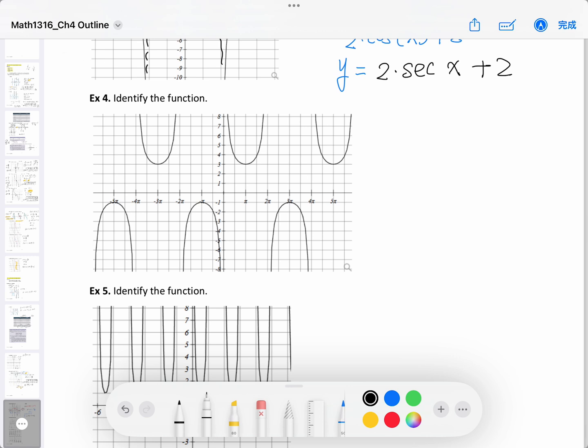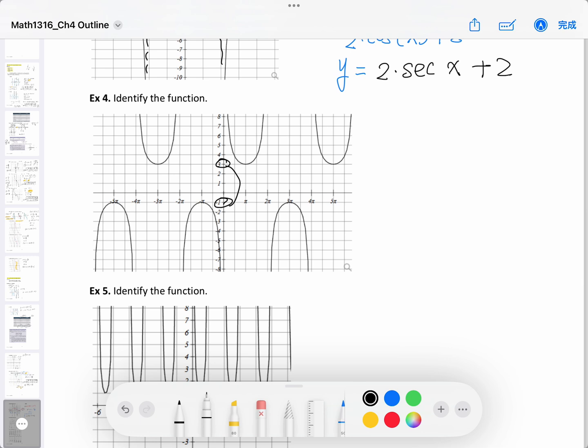Also, I want to graph my function. First step, I want to find the bump. So here the bump is mapping to y is equal to 3, and the bump here is mapping to y is equal to -1. The middle line or center line of its reciprocal function must be 1 because the distance between them is 4.